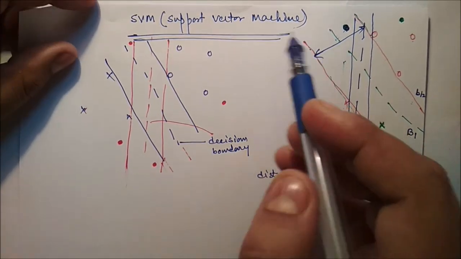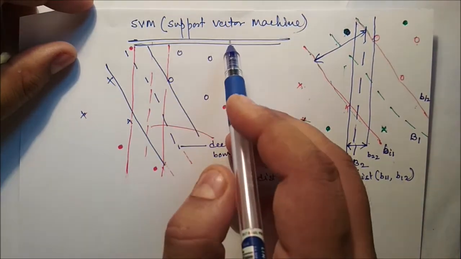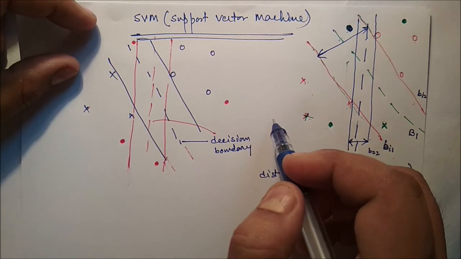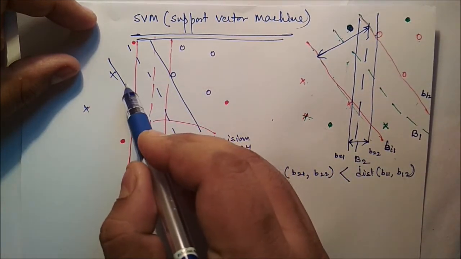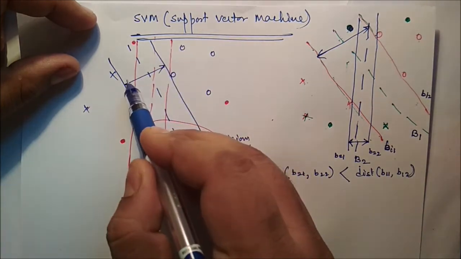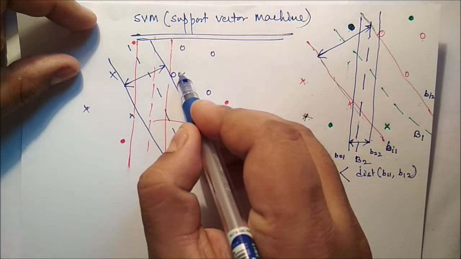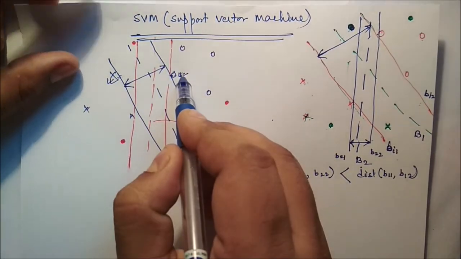And so here we use the support vector machine. The term support vector comes from the training data through which we draw the hyperplane. For this particular hyperplane, we draw it with the help of this training data and this training data. These two are called the support vectors.